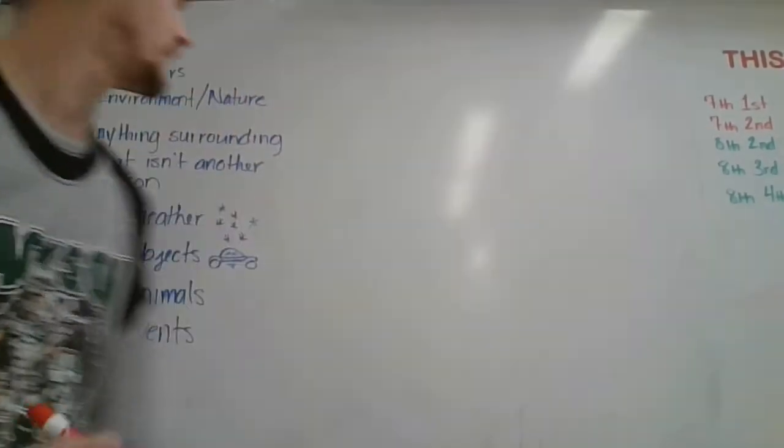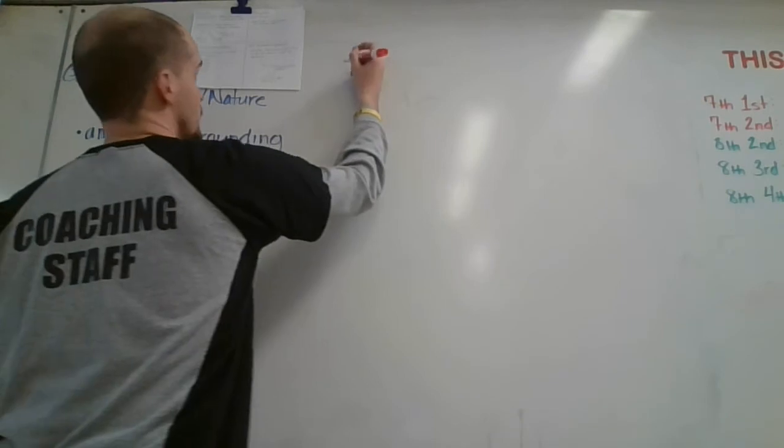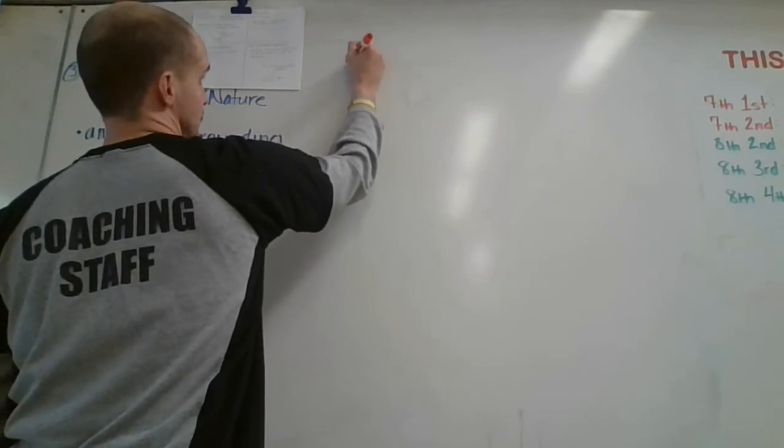The last one, the fourth and final type of conflict, is character versus society and community.